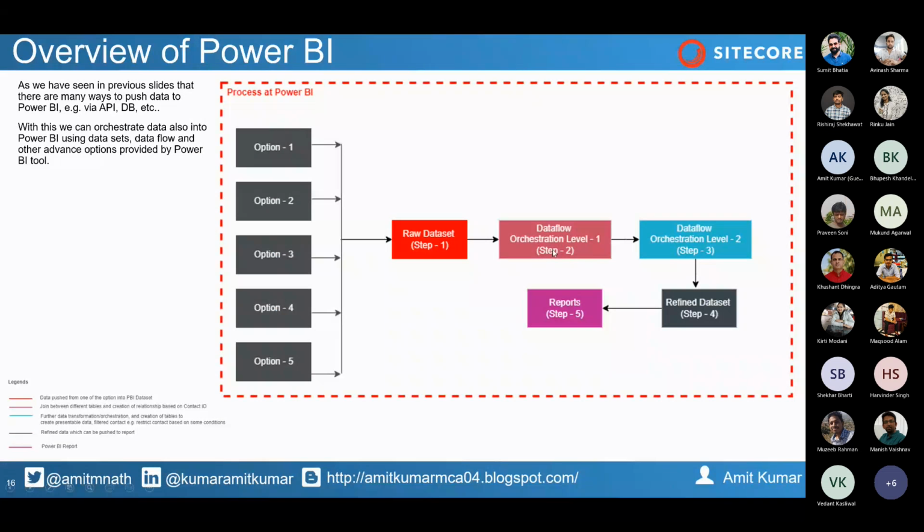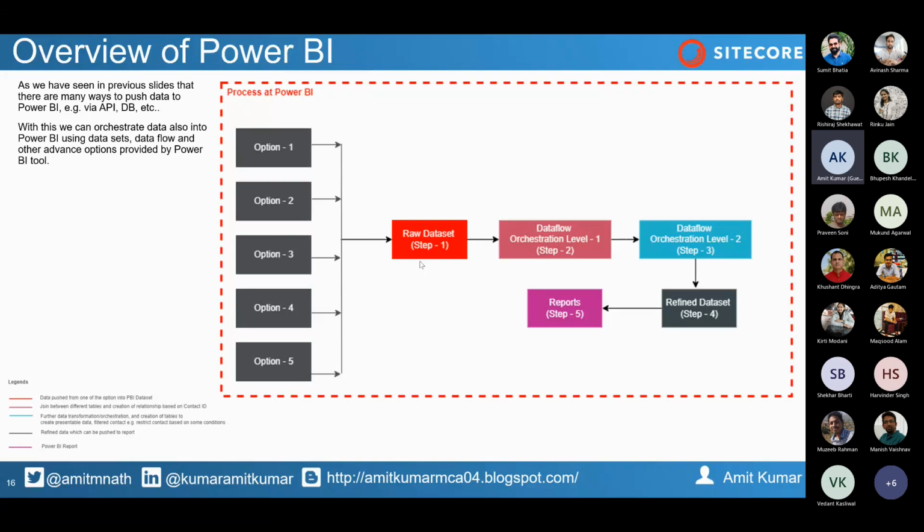Suppose from all the options you can get the data, and you can use that data to create a raw data set. Whatever data you are getting, just push it to the raw data set in Power BI, and then from the raw data set you create a data flow, and you can orchestrate level one things.